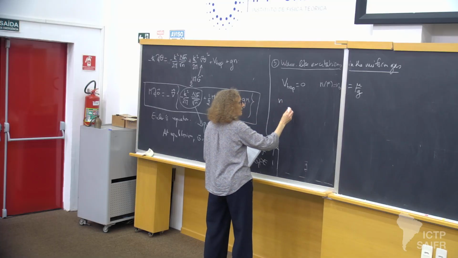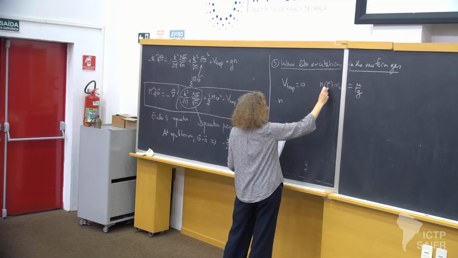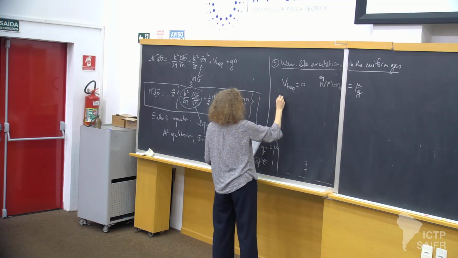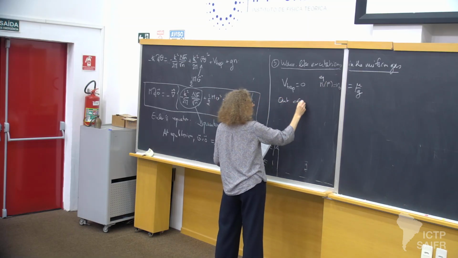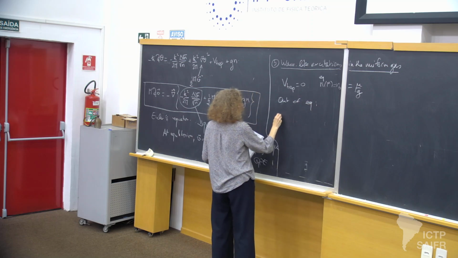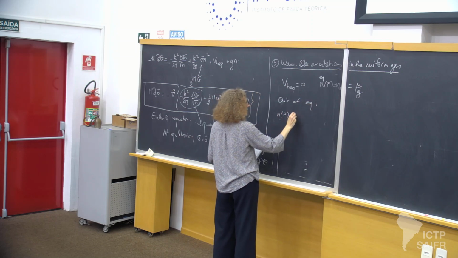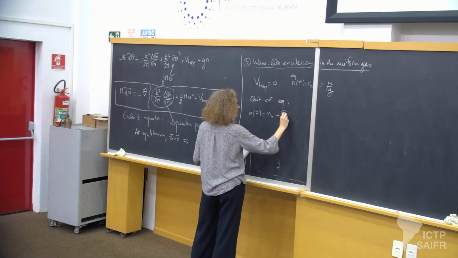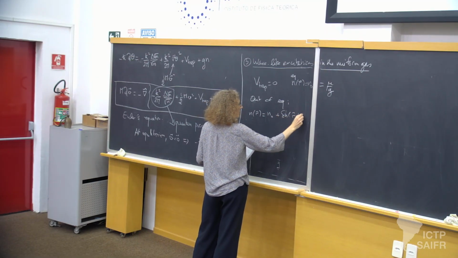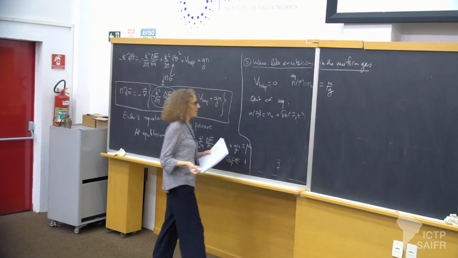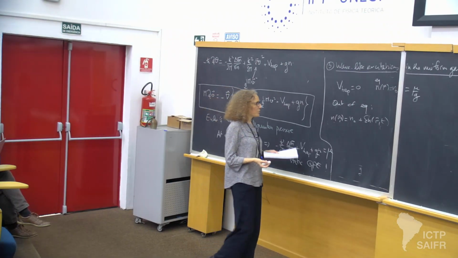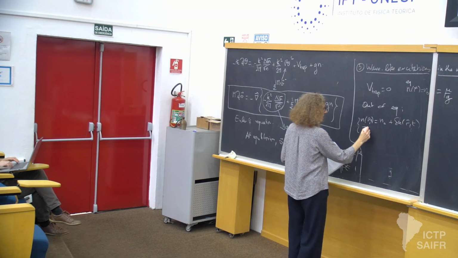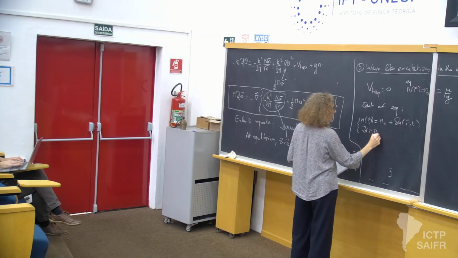Now, this is at equilibrium, okay? Out of equilibrium, we write the density as being this n0 plus some perturbation delta n depending on position and time. And there is also a v, which is 0 at equilibrium.